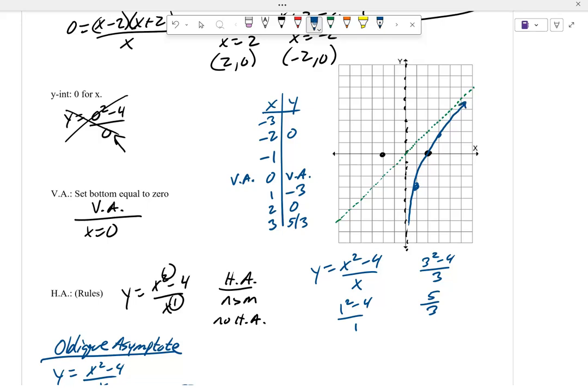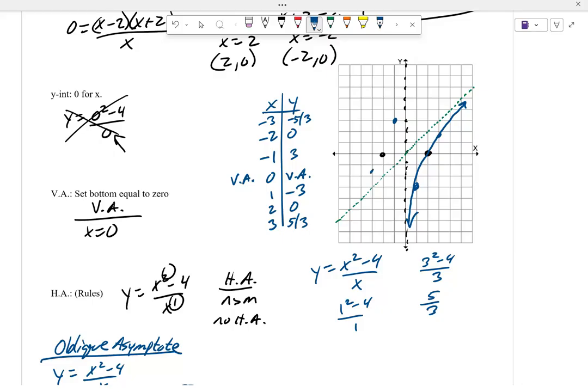You're going to see it getting closer and closer to that slant asymptote. And then over here, if you plug in negative 1, I get 3. Negative 1, 3. I could plug in negative 3, and I think I get negative 5/3.